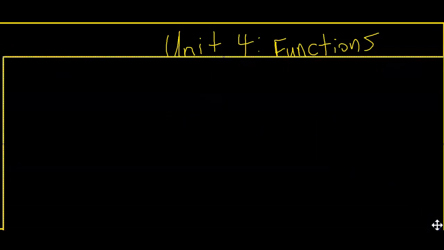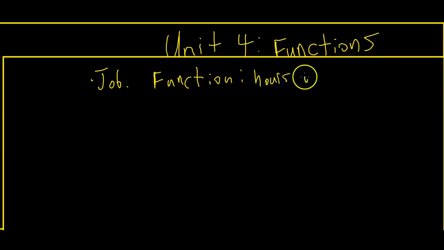All right, so let's consider this example. Let's consider a job, right? So we can consider a job as a function. We can call it a function, the input being hours worked and the output being money. Make sense?